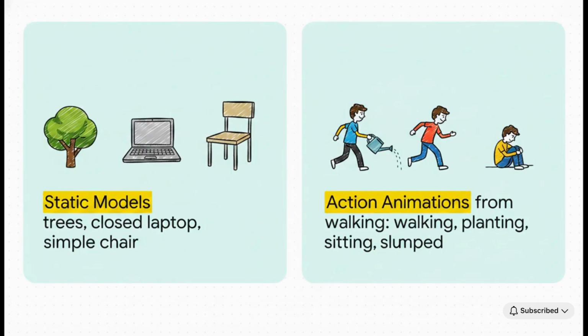That's where you're grabbing your trees, the laptop, the room furniture. On the flip side, for dynamic movements, the actual acting, they turned to Mixamo. This is a library where you download specific human actions, things like walking, planting, watering, typing, and lying down in despair. By splitting up the asset gathering like this, you keep the mobile workflow incredibly streamlined and organized.